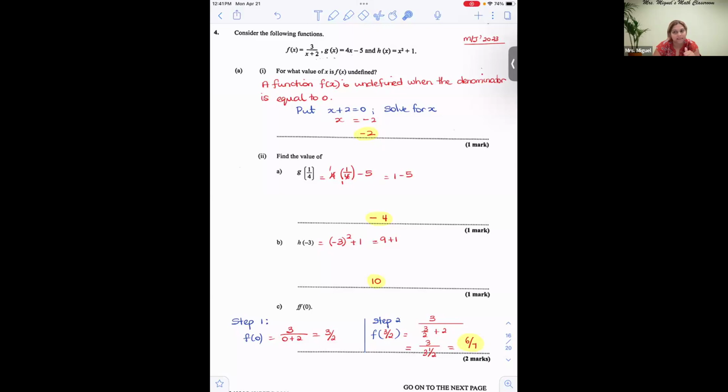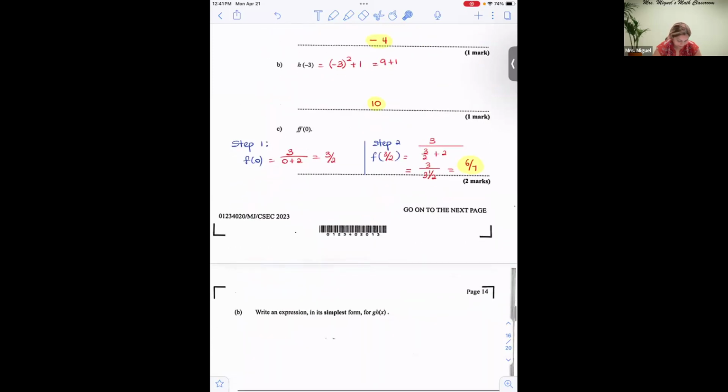If you don't have that, you won't get any mark. For a 1 mark part of the question, it is correct answer only, meaning that you are required to just put the correct answer. So that was 2 and 1, 3, 4, 5 marks.